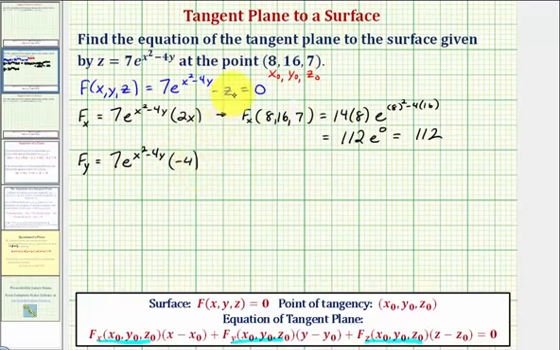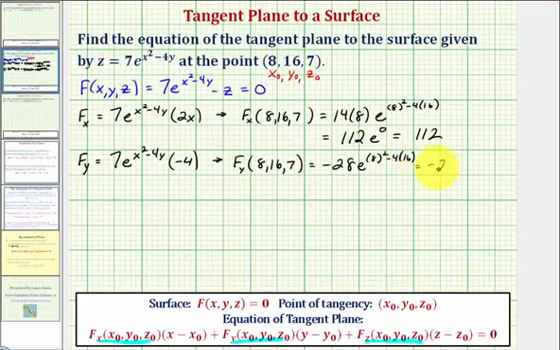The derivative of z with respect to y would be 0. So at the point of tangency, we'd have 7 times negative 4, that's negative 28, and then we have e raised to the power of, again, 8 squared minus 4 times 16, which is negative 28 times e to the 0, or just negative 28.